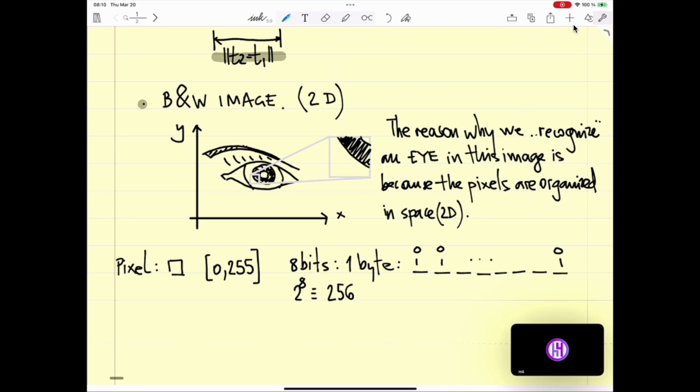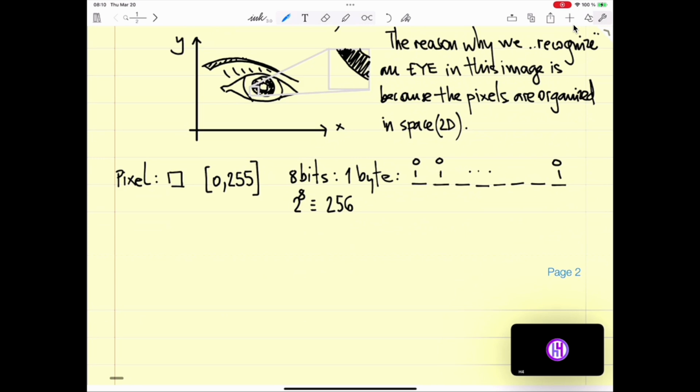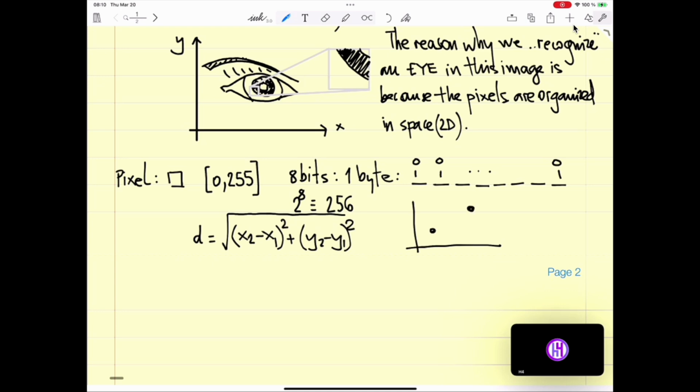But the important part here is that we can measure distances. What we're trying to say is that we can measure a distance between two pixels, which is given by the equation square root of (x2 minus x1) squared plus (y2 minus y1) squared, if the 2 points are located at coordinates x2, y2 and x1, y1.